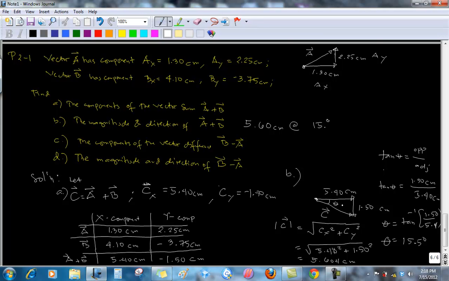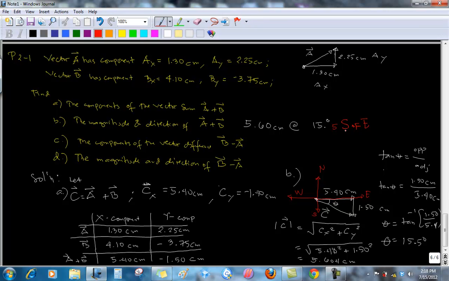Now, where is this angle? Upward is north, to the right is east, downward is south, and to the left is west. Therefore, theta can be described as 15.5 degrees south of east.